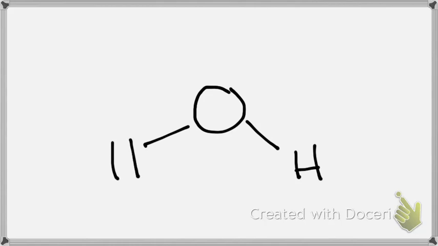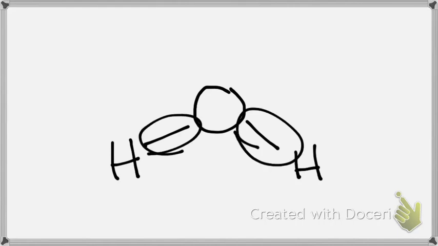So we're going to draw oxygen, and we're going to bond it to the 2 hydrogens that are present. Now, if we do that, we're only displaying 4 valence electrons. Now, we need to display 8. Remember that 8 is our key. But oxygen still hasn't reached its full octet.